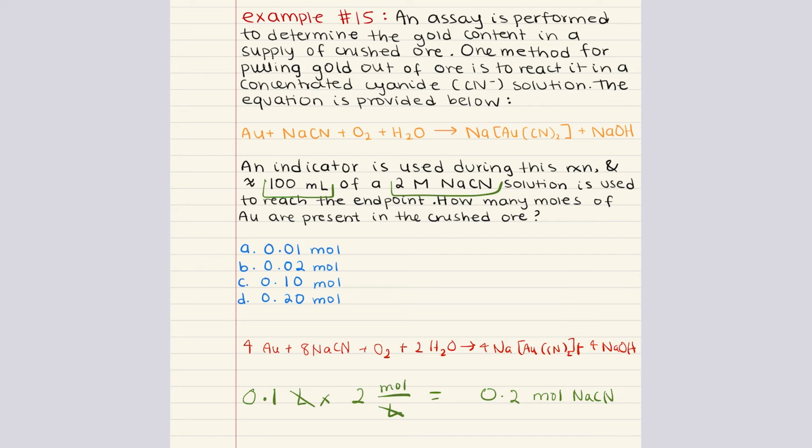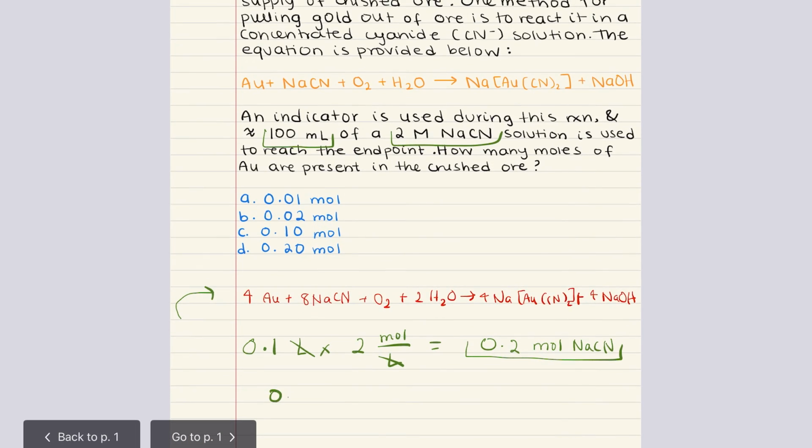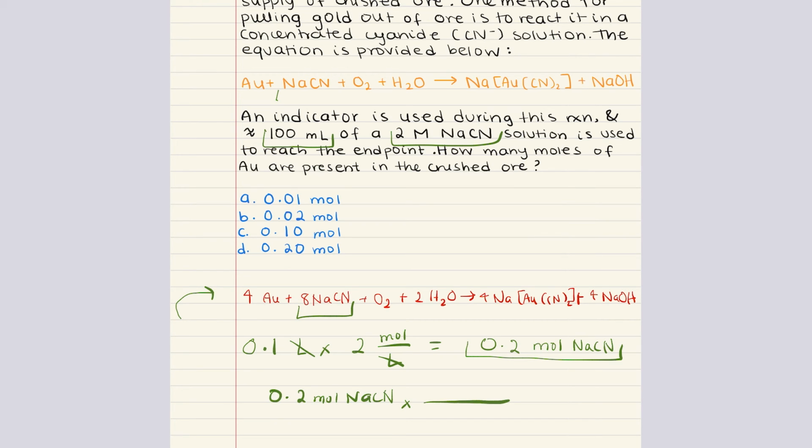Now we're going to use this amount to do a conversion to number of moles of gold. The way we're going to do that is by taking advantage of our balanced chemical equation and by using mole-to-mole ratios. So if we have 0.2 moles of sodium cyanide, we can use a mole-to-mole ratio between sodium cyanide and gold.